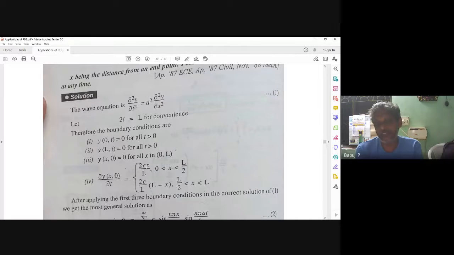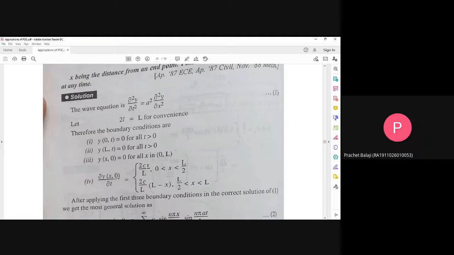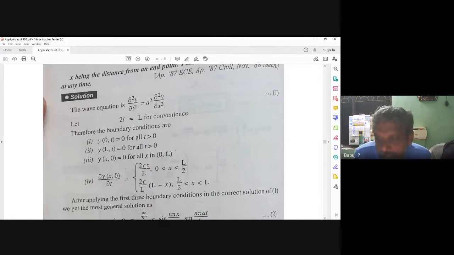Yesterday's third problem, what was it? Anyone remember? Yesterday's third problem, what did I do?